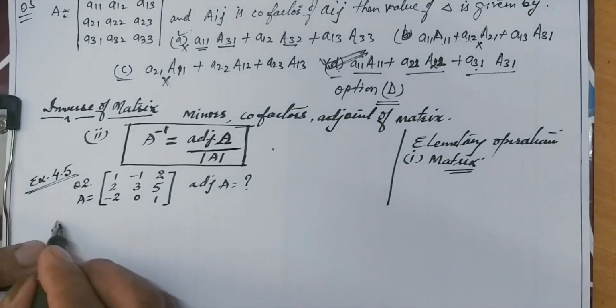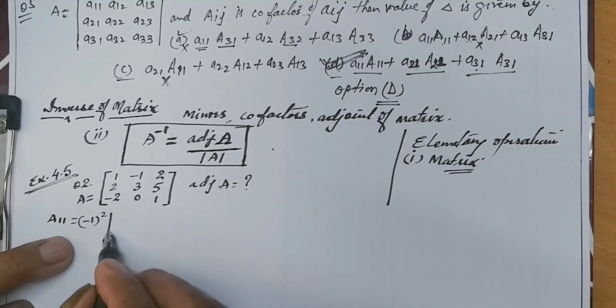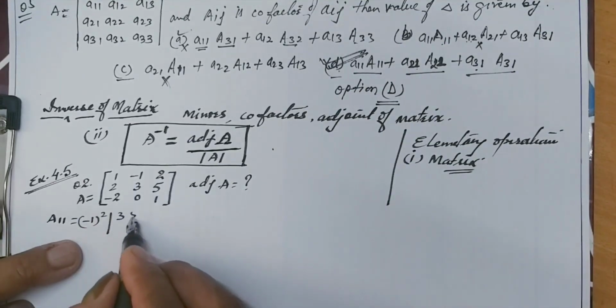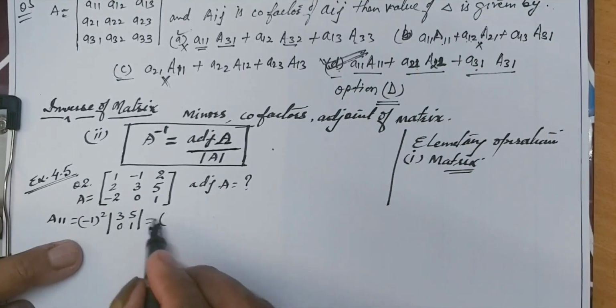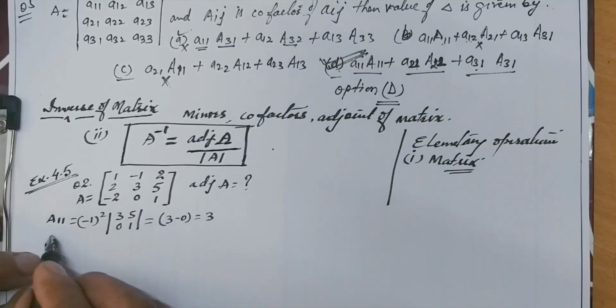So let us start now with the cofactors directly. I am writing A11, which is equal to minus 1 to the power 2, and determinant this way, leaving this row and column, 3 5, 0 1, which is equal to 3 minus 0, which is equal to 3.